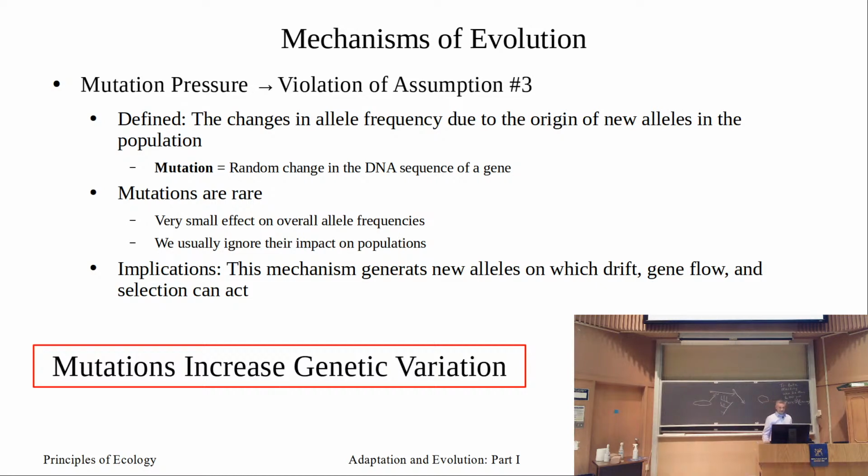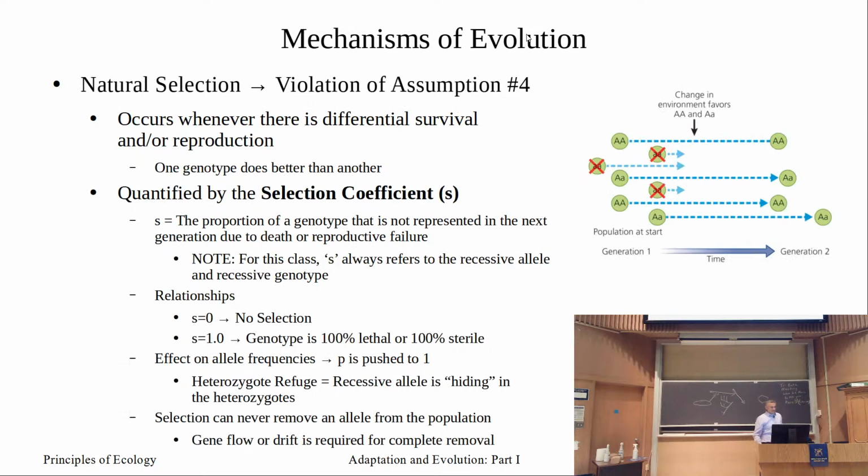All right. Now, assumption number 4. Assumption number 4 was no differential mortality or reproduction. Differential mortality basically means that some individuals have a higher chance of dying than other individuals. Differential reproduction means that some individuals are more likely to mate than other individuals.